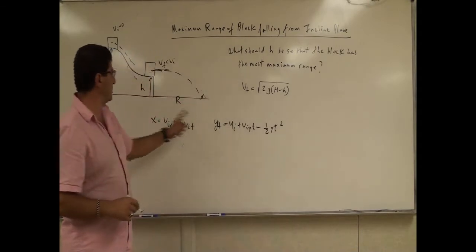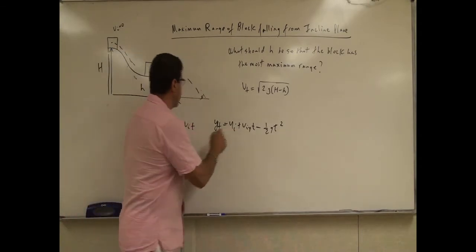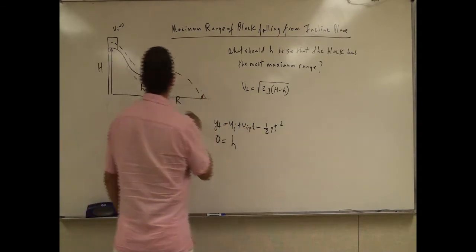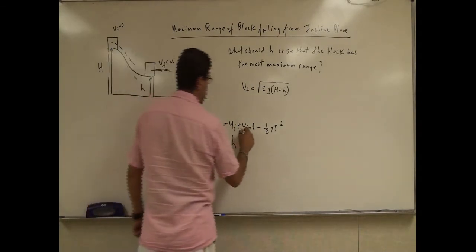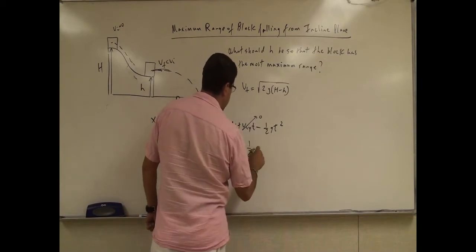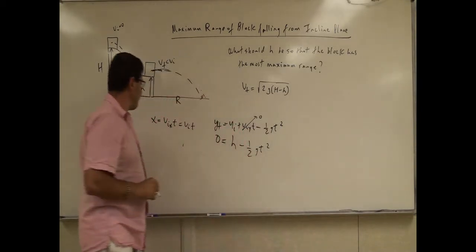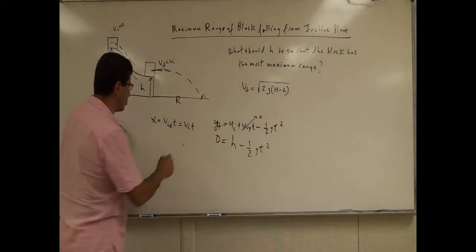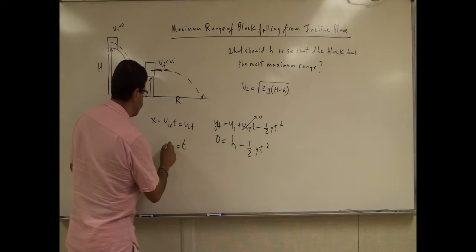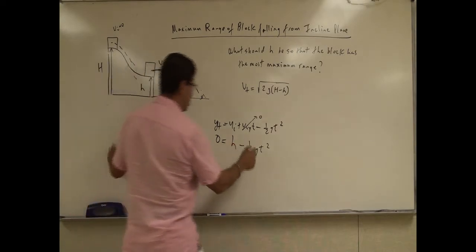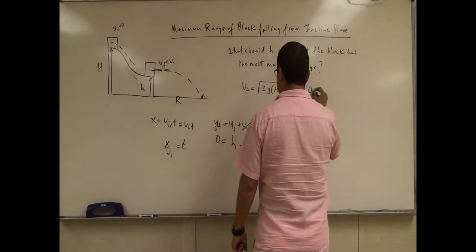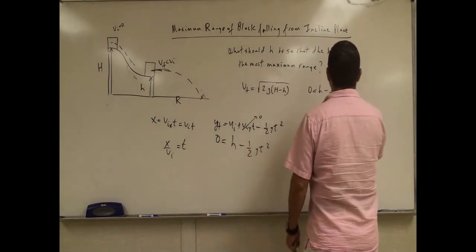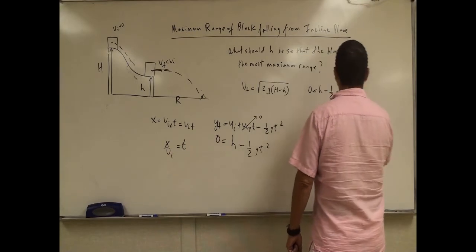In our case, y final is equal to 0, y initial is equal to the little h, and V initial y, because it's not moving up or down, is going to be 0, so we have negative half g t squared, right? And then I can substitute t equals x over V initial. 0 is equal to h minus half g, and then t is x over V initial, and you square that.